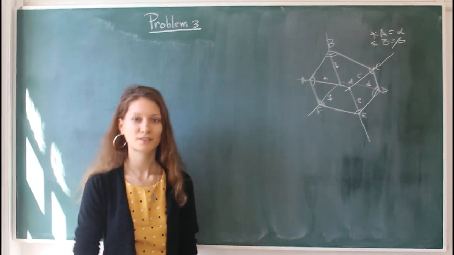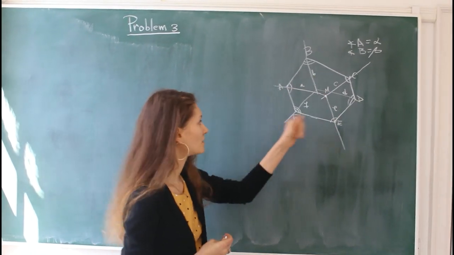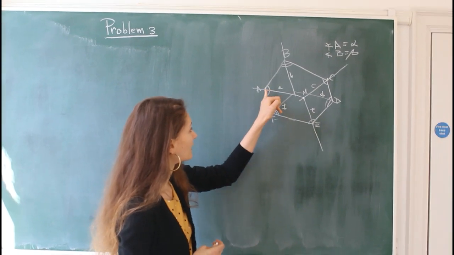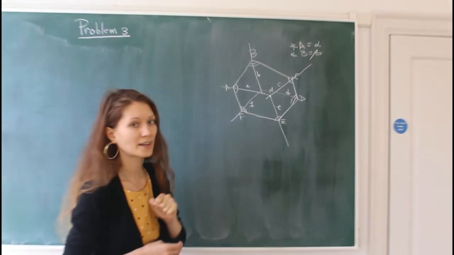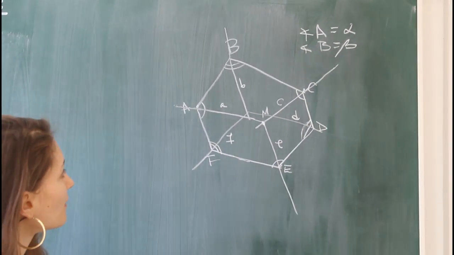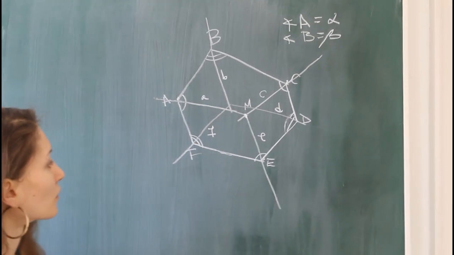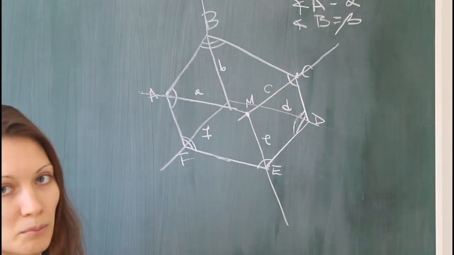Okay, so let's just quickly recap what problem 3 says. We have a convex hexagon and the angles at A, C and E are equal, and we denote the value of the angle by alpha, and the angles at B, D and F are also equal, and we denote that angle by beta.